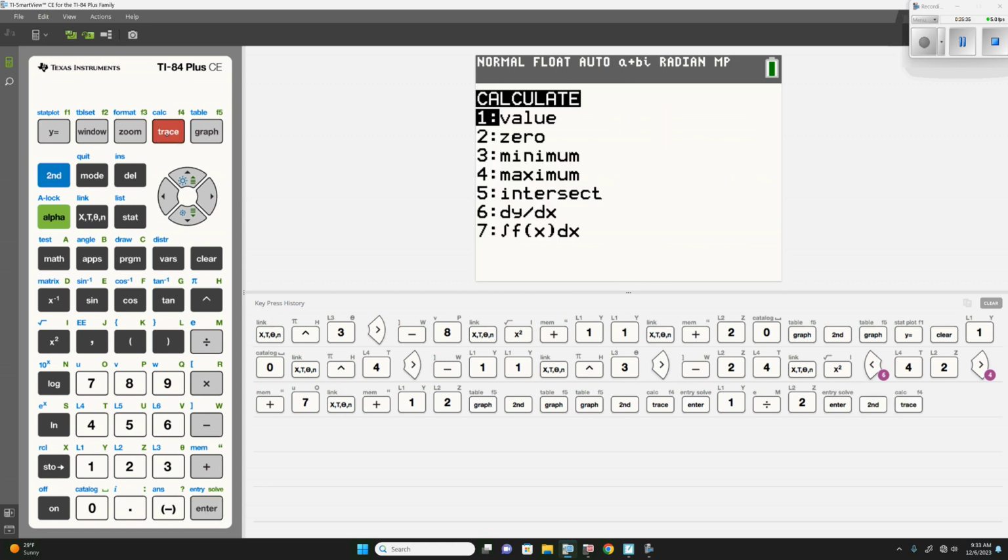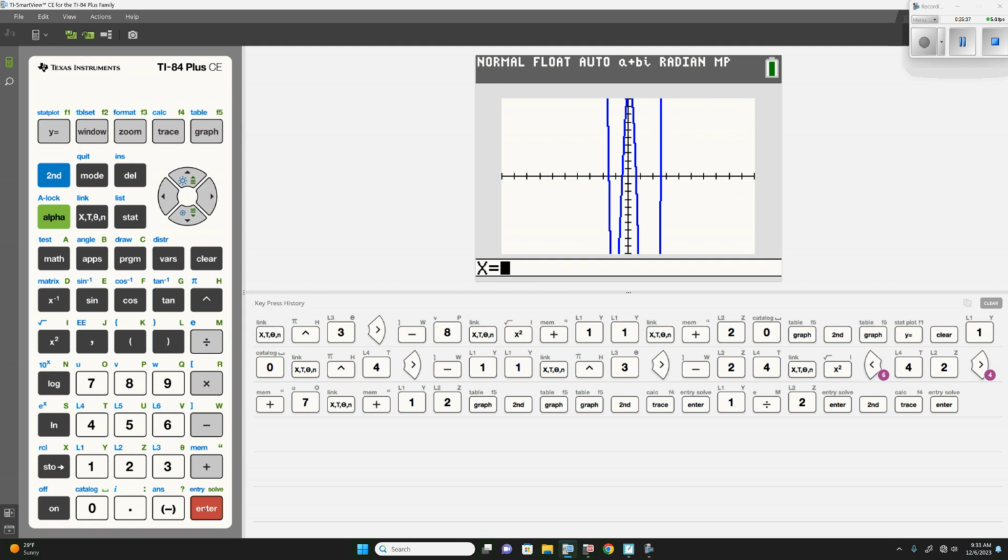So what can we try next? We can do negative 1/2. So second trace again. Let's do it again. Then do negative 1/2. Unfortunately, we can't do minus. We have to do the negative sign.